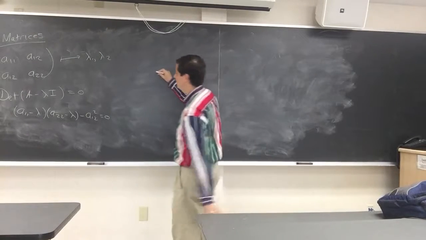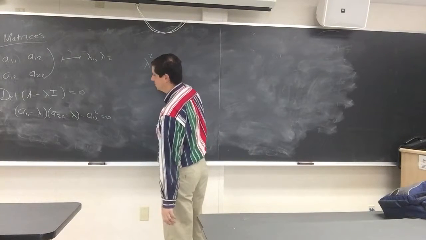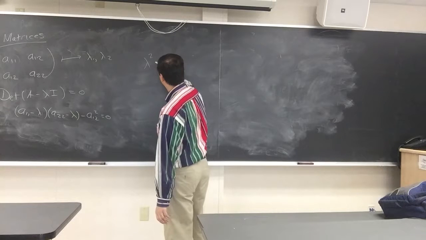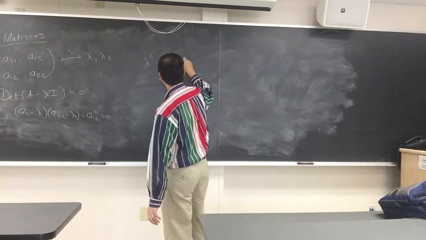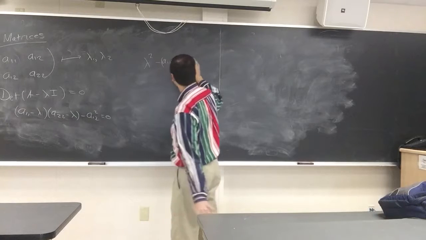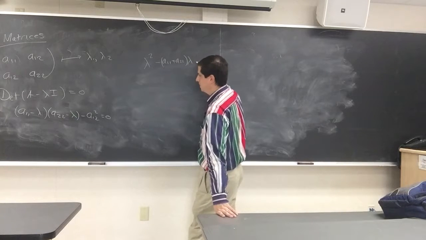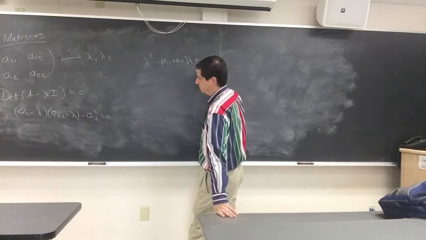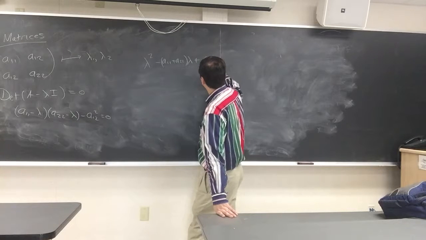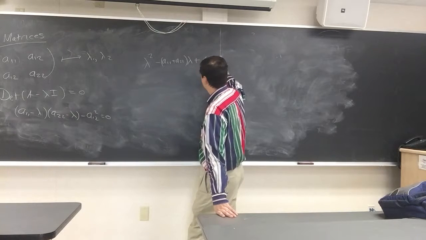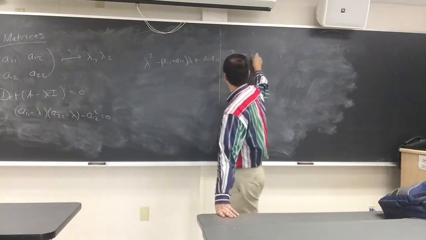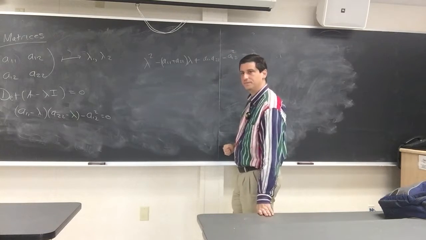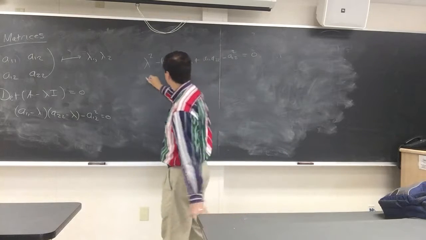So now if we multiply things out, we get lambda squared minus (A11 plus A22) lambda plus A11 A22 minus A12 squared equals 0.